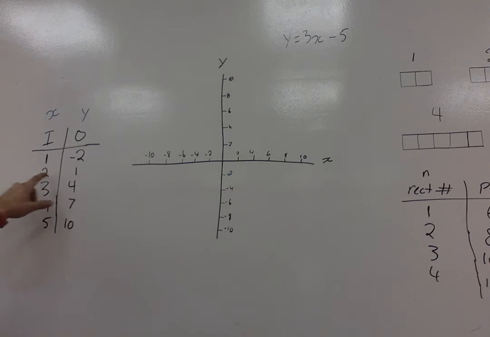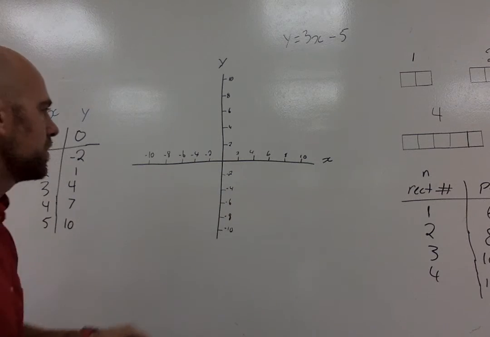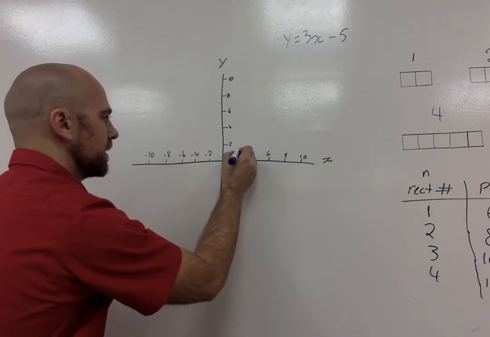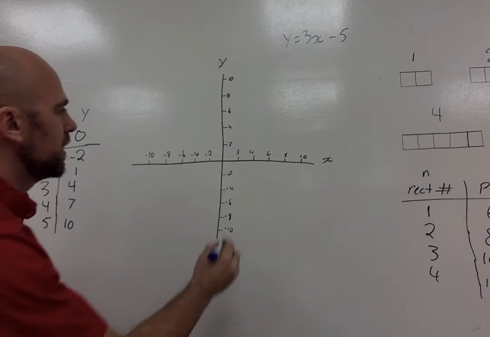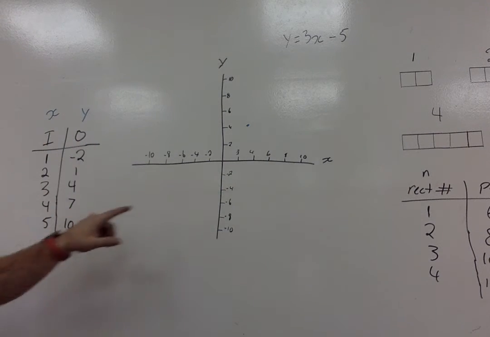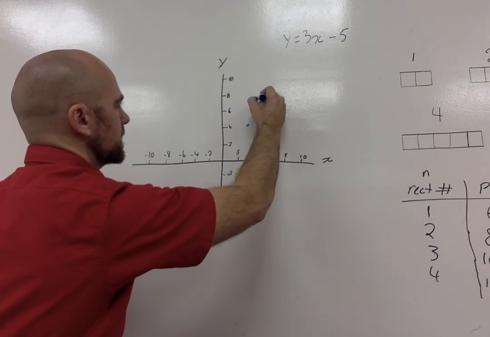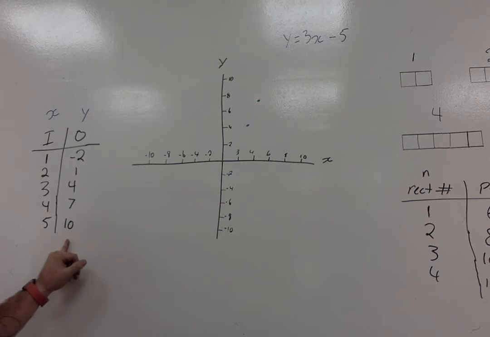My next one, as I go up to positive 2, I'm going to be at positive 1, so I'm going to be right kind of in the middle. When I go to 3, I'm going to be all the way up to 4. When I go to 4, I'm going to go all the way up to 7. And when I'm at 5, I'm going to go all the way up to 10.